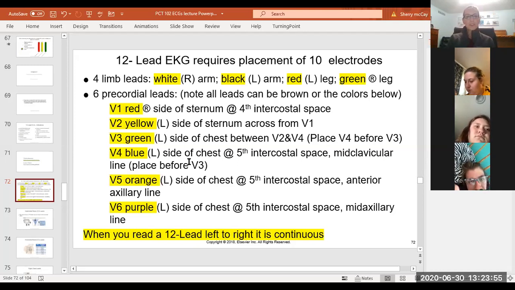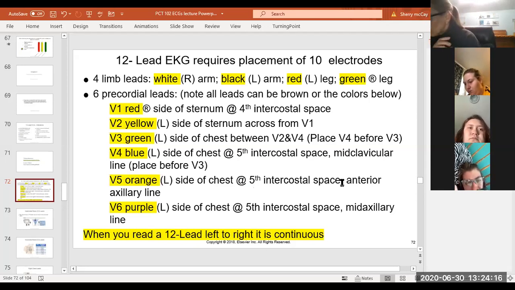All right, so your V4 is, again, on the left side, at the 5th intercostal space, mid-clavicle line, okay? Now, the V5, which is orange, is at the 5th intercostal space, and you're just starting to move back towards the underarm.